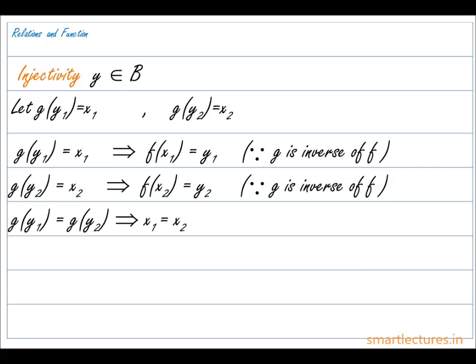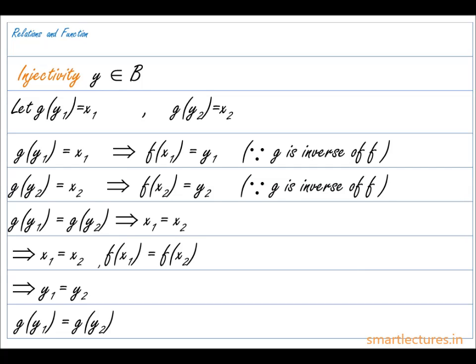Then that also means f of x1 is also equal to f of x2, because f is a bijection. But f of x1 is equal to y1 and f of x2 is equal to y2. So that means y1 is equal to y2. So that means if g of y1 is equal to g of y2, then y1 is also equal to y2. So therefore g is an injective function.